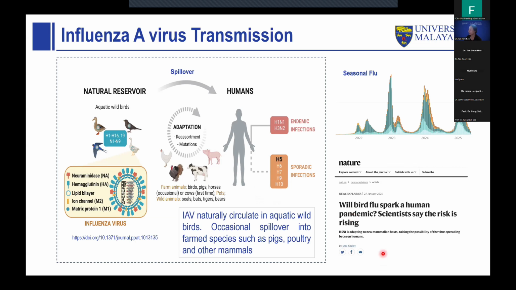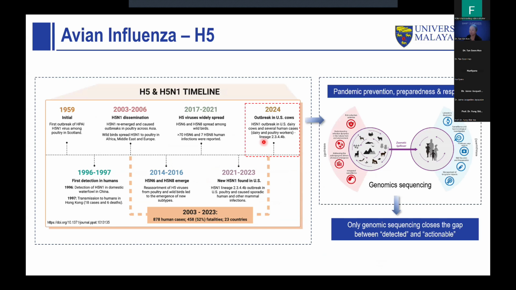For now, there is an ongoing spread of H5N1 strains in poultry and wild birds, and this is worrying because of increased mammalian transmissibility. And for this H5 infection, as mentioned just now, it is not something new. It was first detected in the late 1950s.